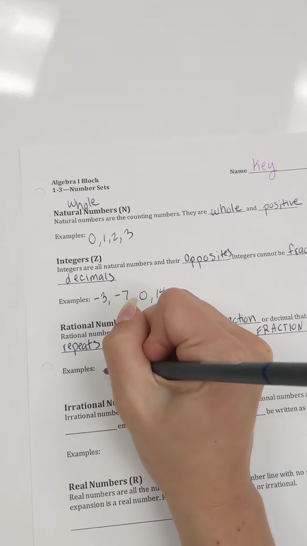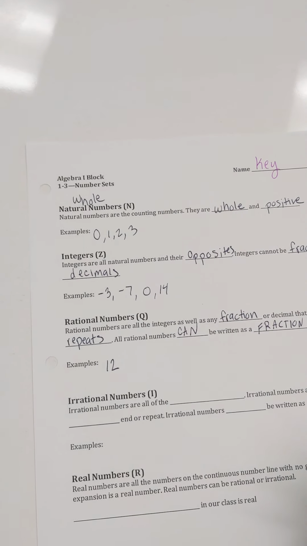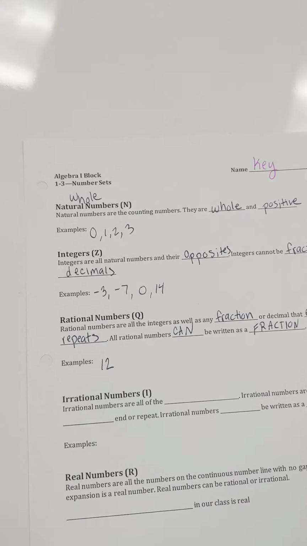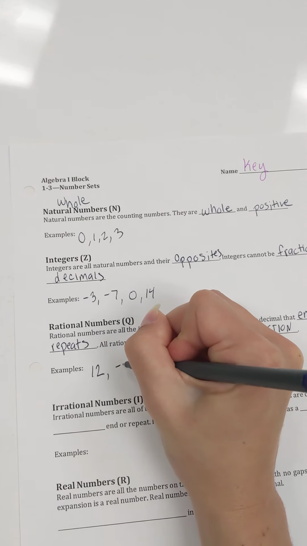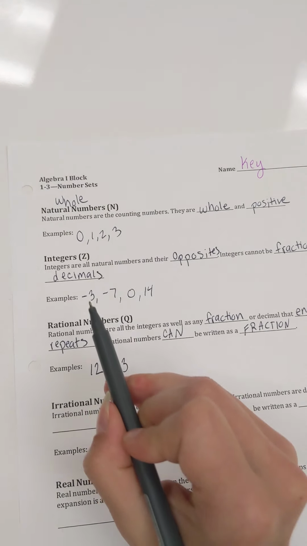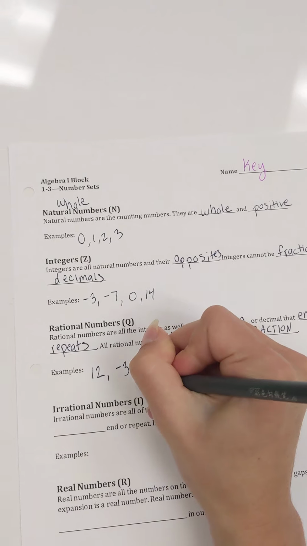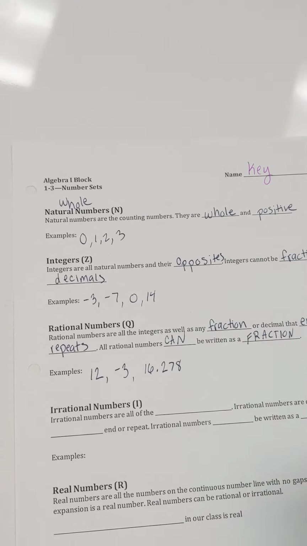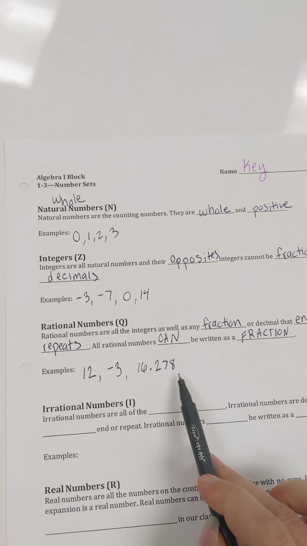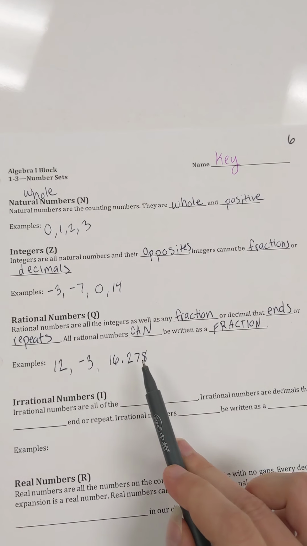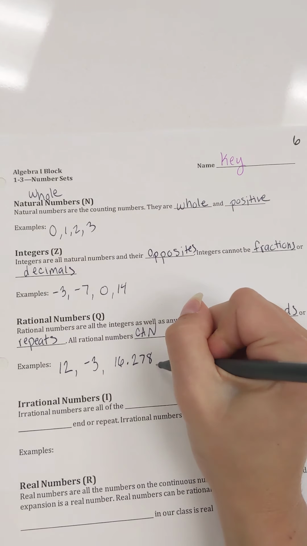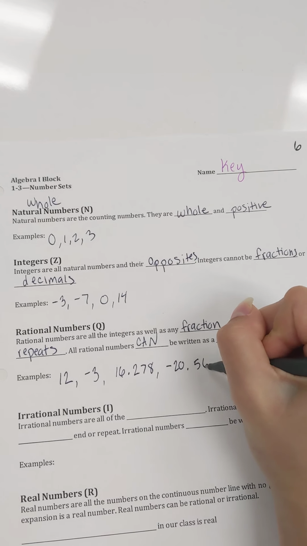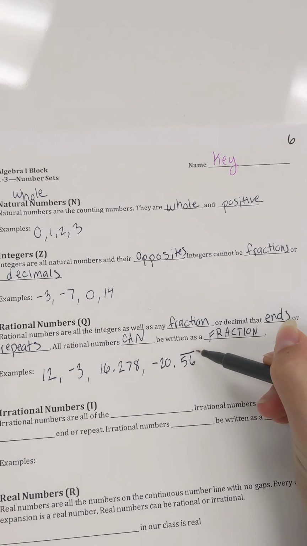A couple of examples. 12, because 12 is an integer, so it makes it rational. 12 is also a natural number. -3, once again, it's an integer, so it's rational. 16.278, because that decimal ends, 0.278, and then it stops. -20.56 with this bar over top, which means repeating.